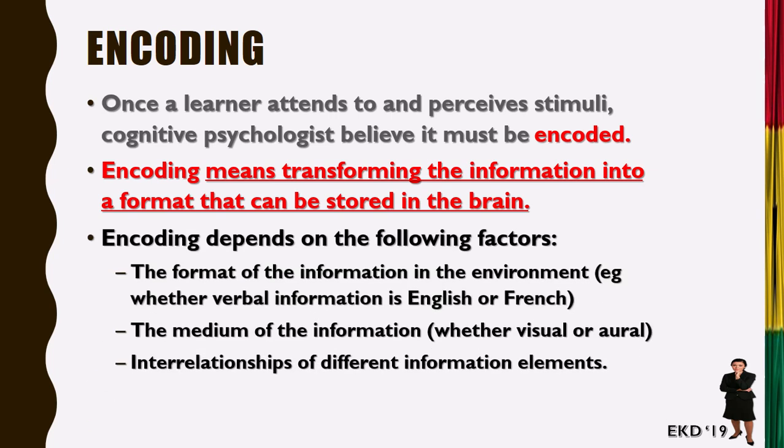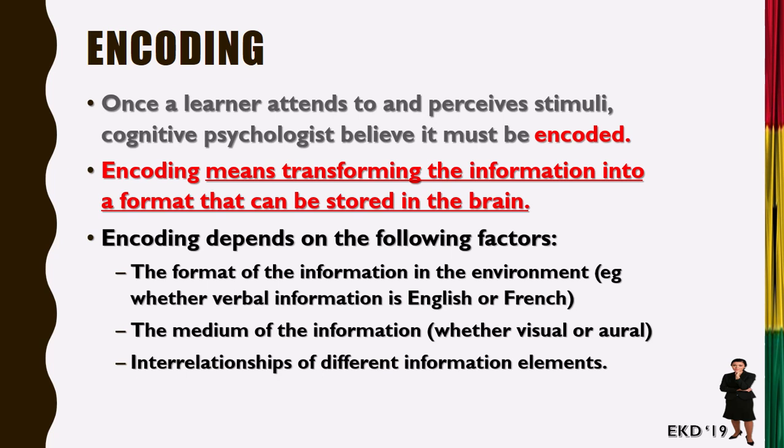Okay. There are three things that affect encoding. One, the format of the information. The coding depends on the format of the information, whether it is English or French. If you are an English speaker and I use French to instruct you, it may take time for you to assimilate it and code it.